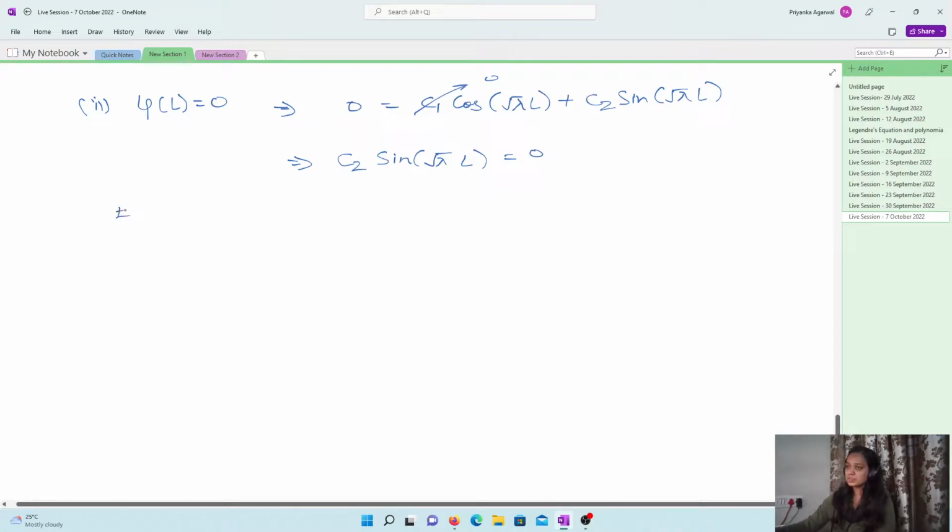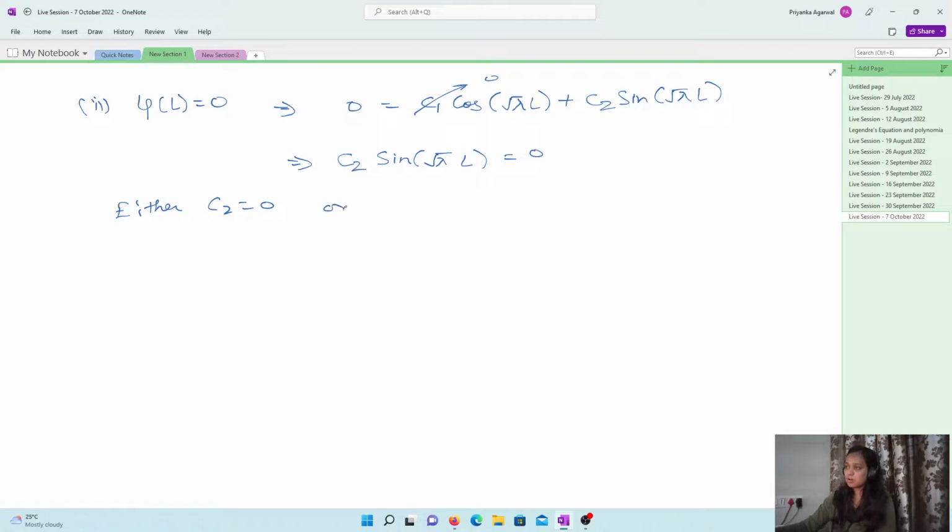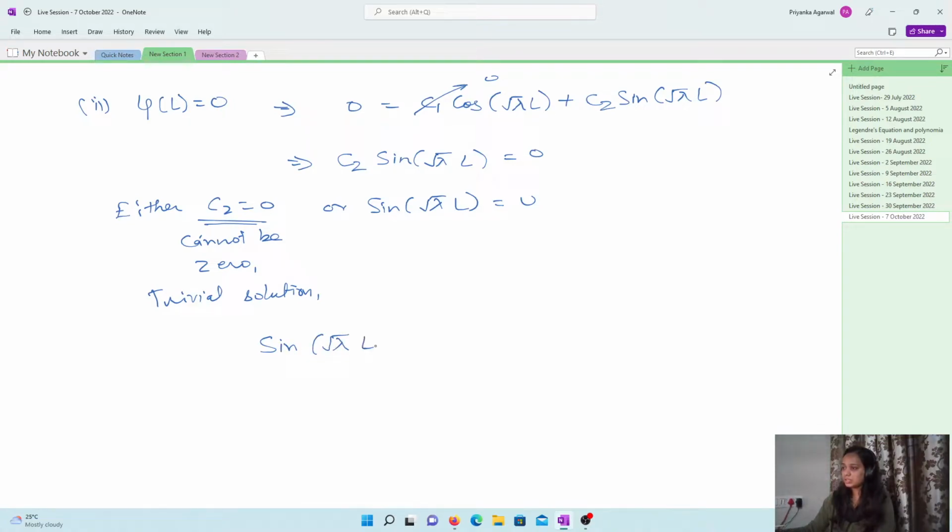From this, what we know is that either c2 equals 0 or sin root lambda L equals 0. c2 cannot be 0, otherwise we will have a trivial solution, right? So therefore we have sin root lambda L equals 0.